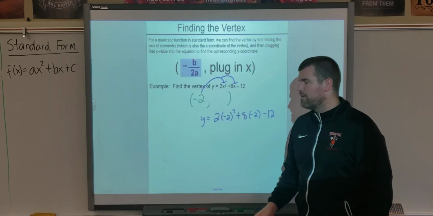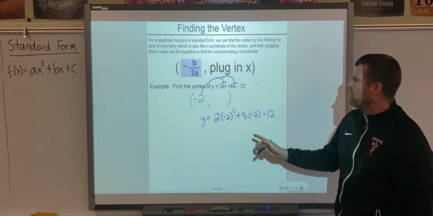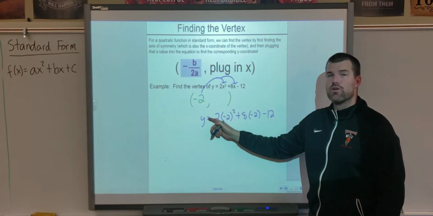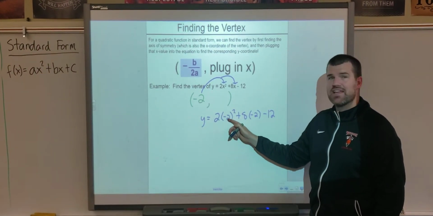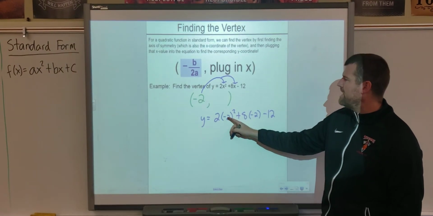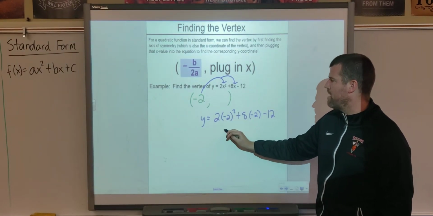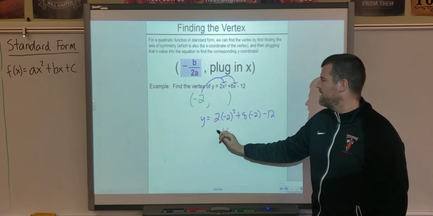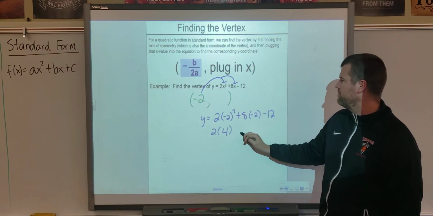You do have to be pretty careful with your order of operations. We always do exponents before multiplying, so you don't want to multiply these together and then square it. So I'm going to do negative 2 squared, which is a positive 4, and then multiply that by 2.